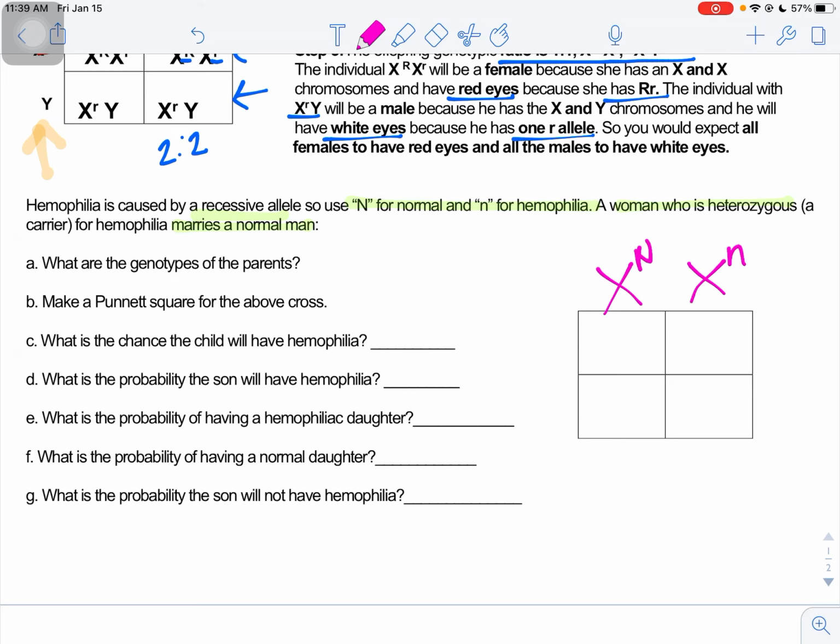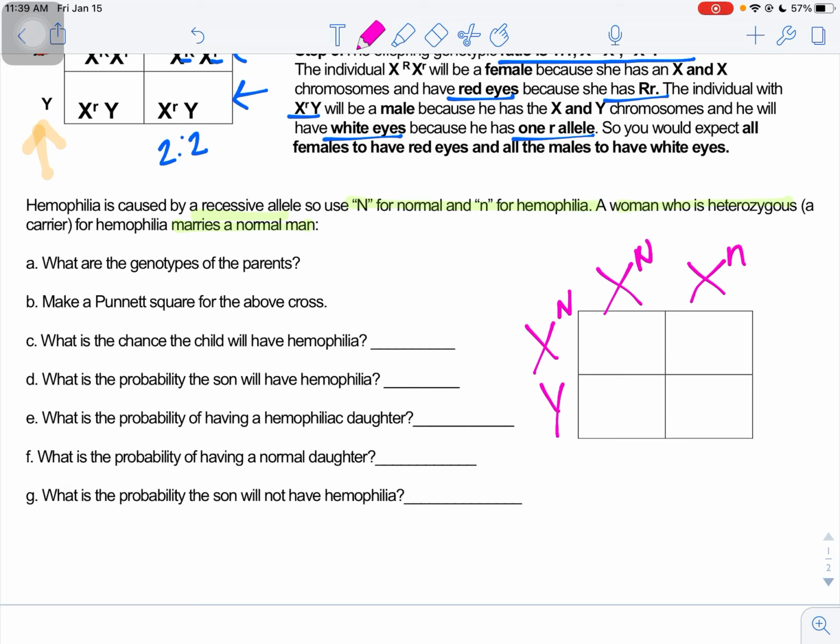And our man is normal, so we have man, XY, and he's normal, so that is capital N as stated in the problem. So like so. First list the sex chromosomes, then put your alleles for the trait that they're talking about as the subscripts. Okay, so question A is answered there as we added the parents.